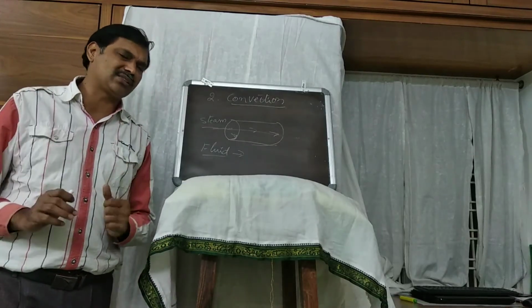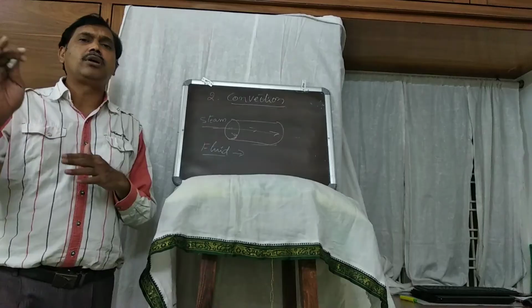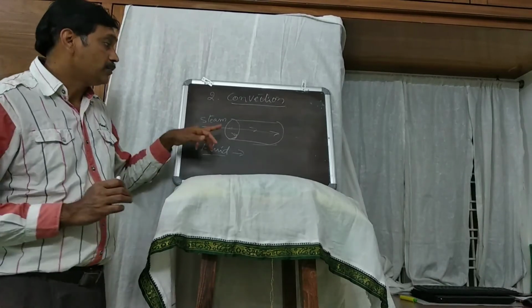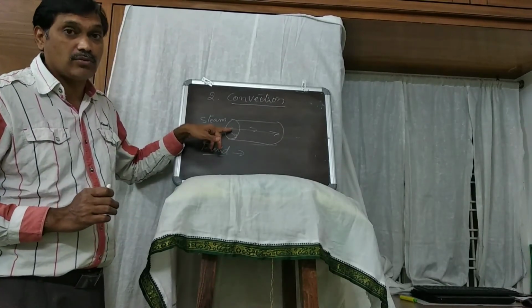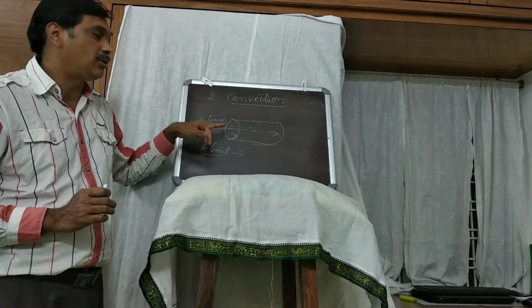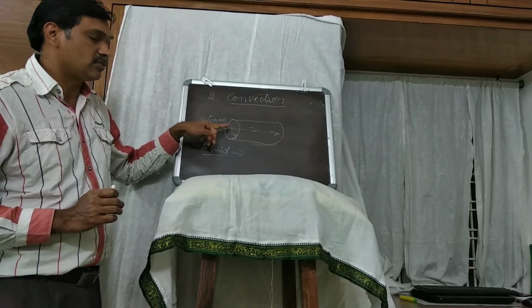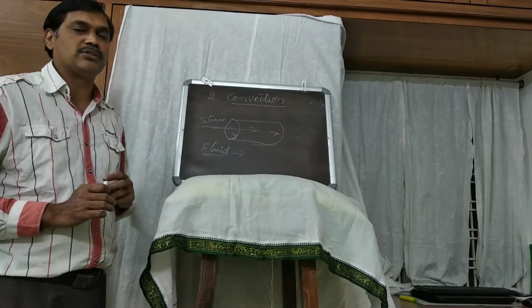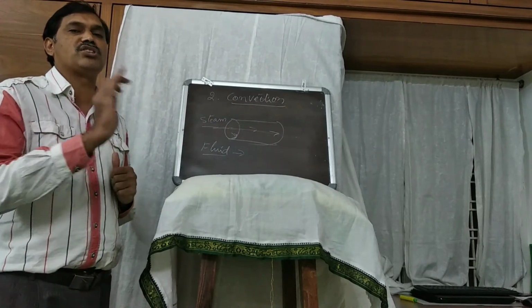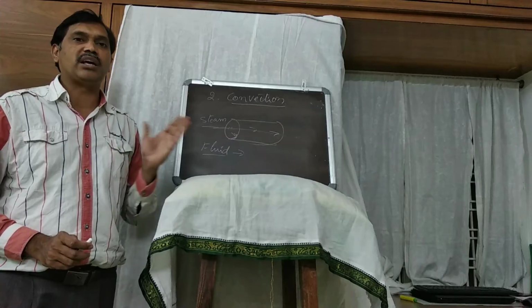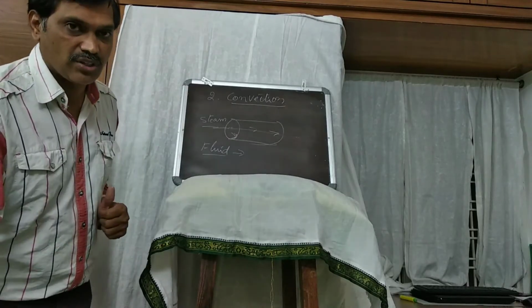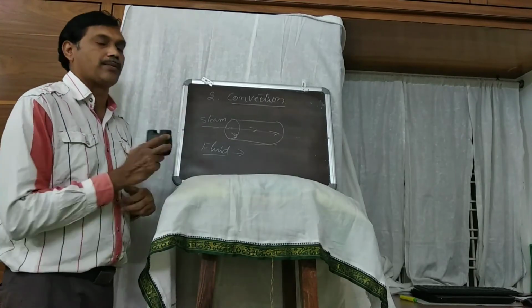Inside the metal we already discussed, that is completely conduction heat transfer. Now here one more fluid is there. Because of this fluid, heat transfer from fluid to steel will take place. This is called convection heat transfer, conduction plus convection.